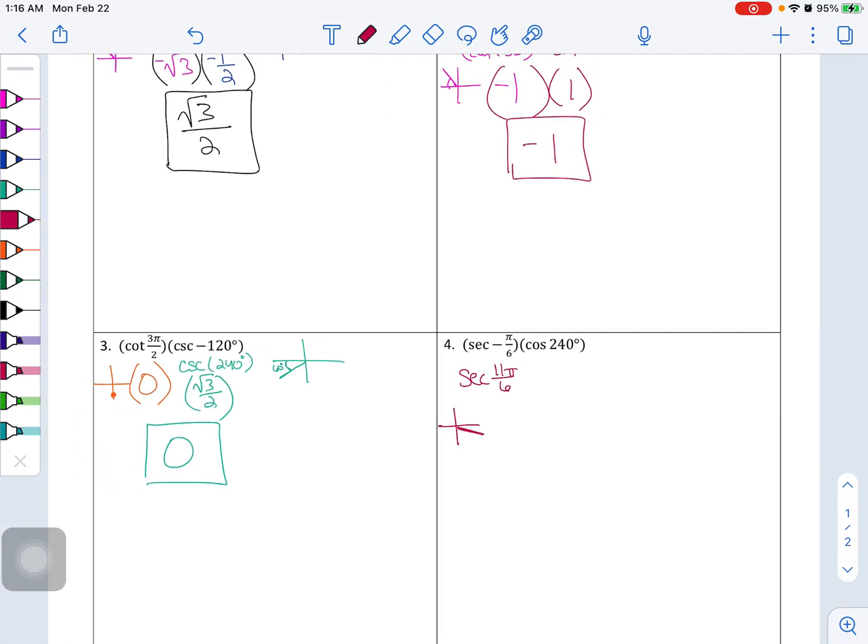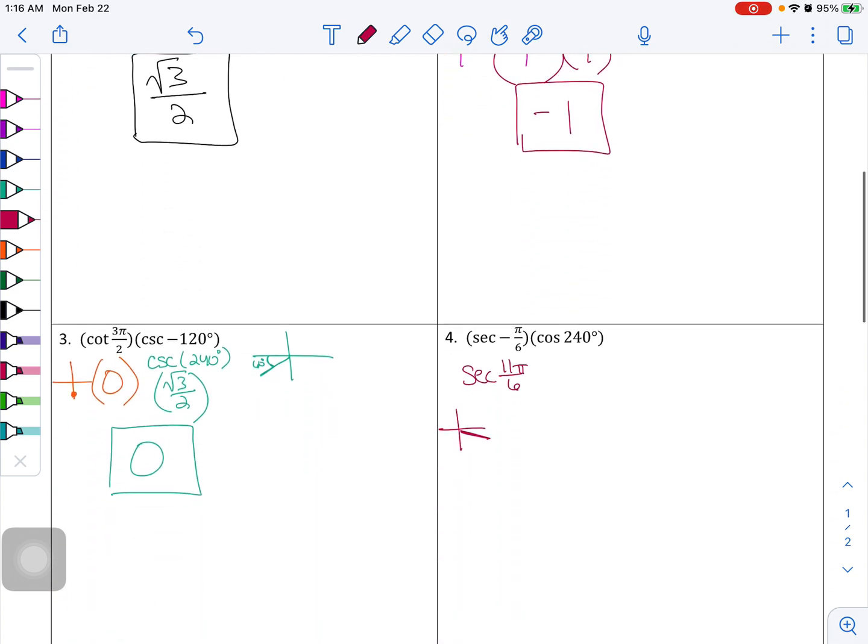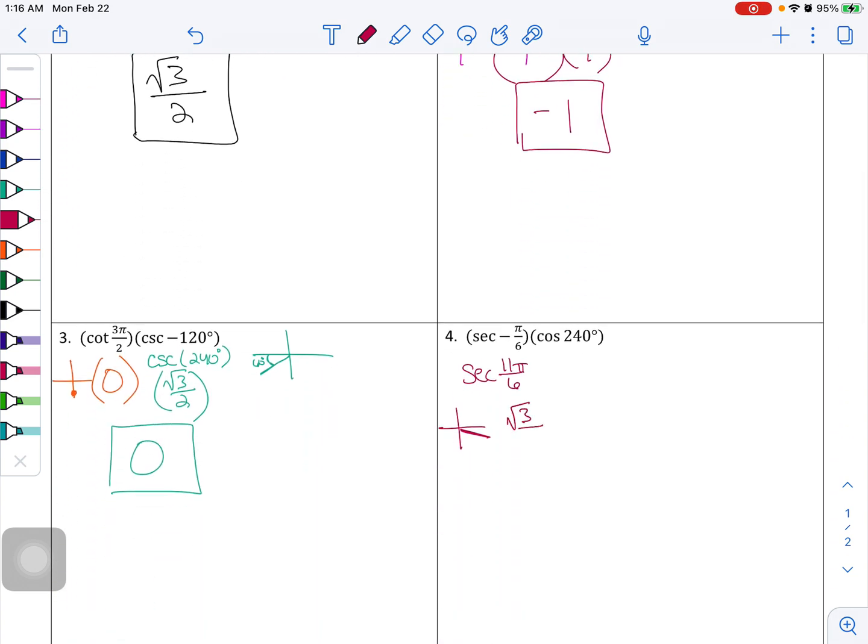Your reference angle would be pi over 6. Secant is the reciprocal of cosine. Cosine of pi over 6 is root 3 over 2. That's going to be positive in quadrant 4, according to ASTC.